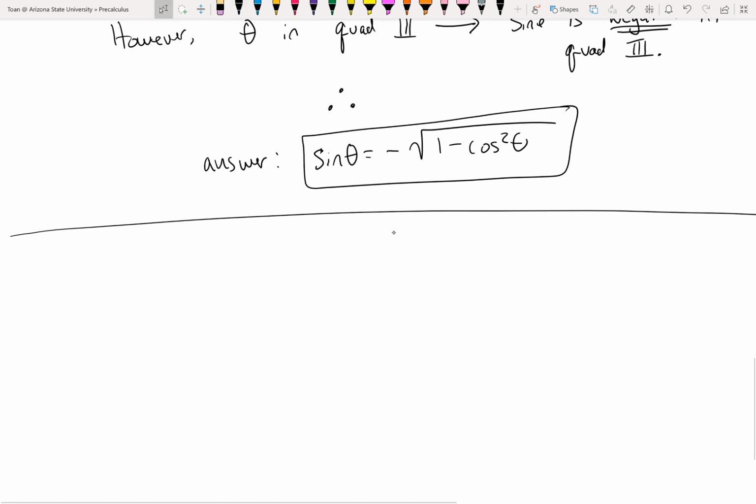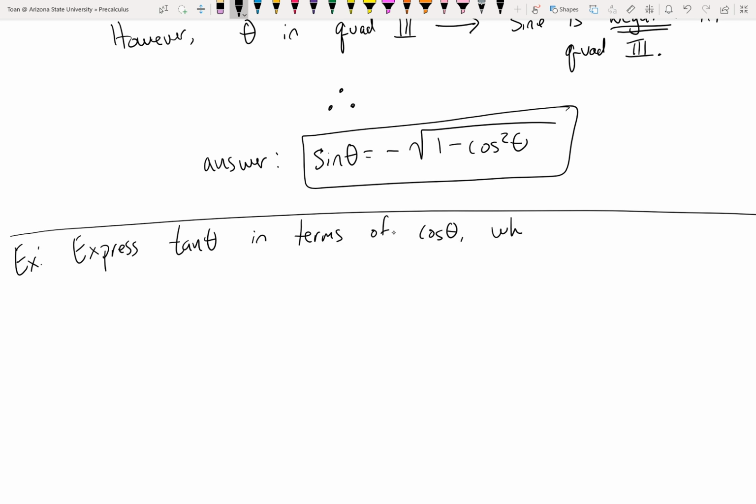Let's do more examples here. Suppose I wanted you to express tangent of theta in terms of cosine, where theta is in, let's make it quadrant 4.